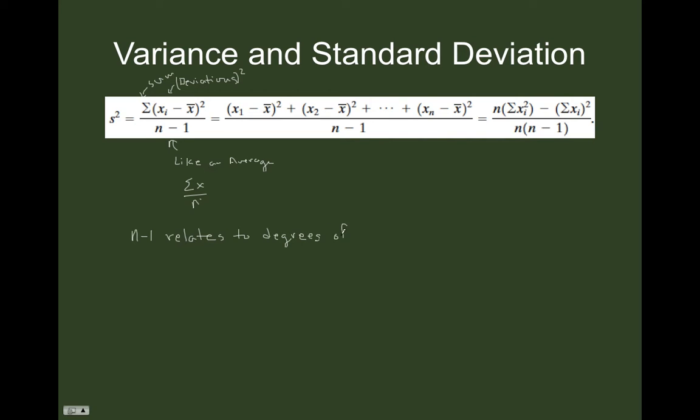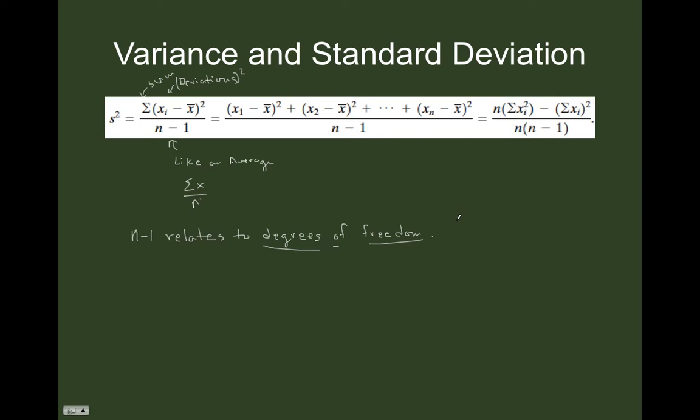And also, if you're reading The Lady Tasting Tea, Salsburg talks about this idea also. So this term, degrees of freedom, might be familiar, or you might have heard it before somewhere else.